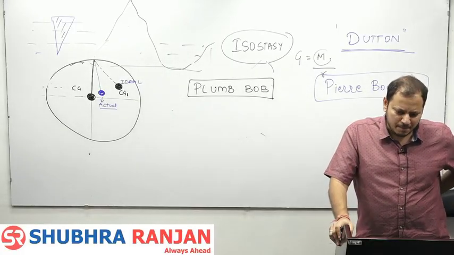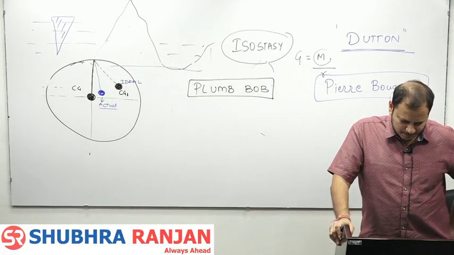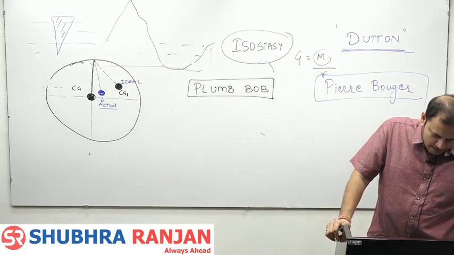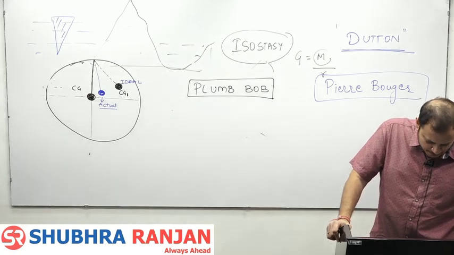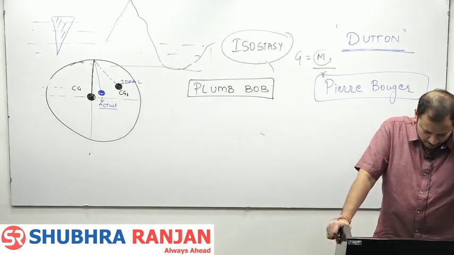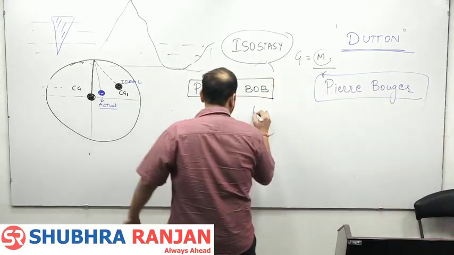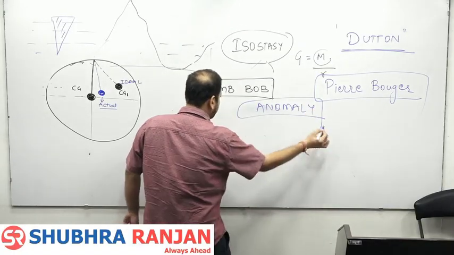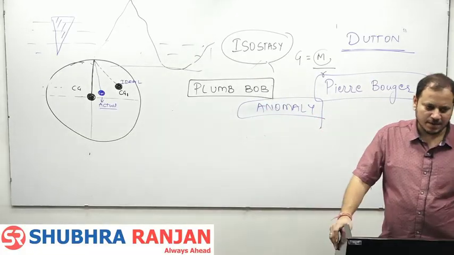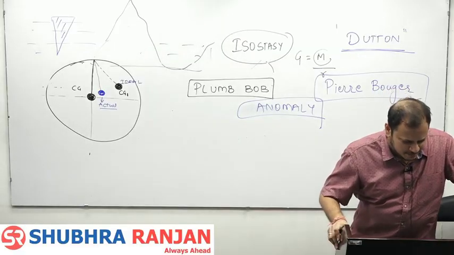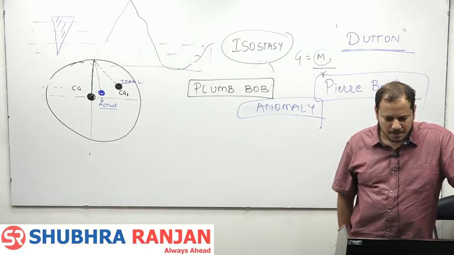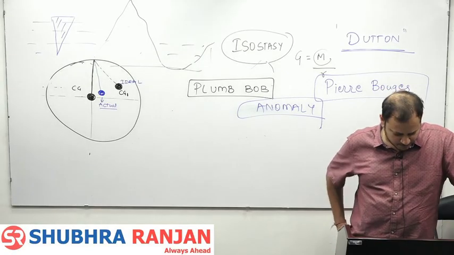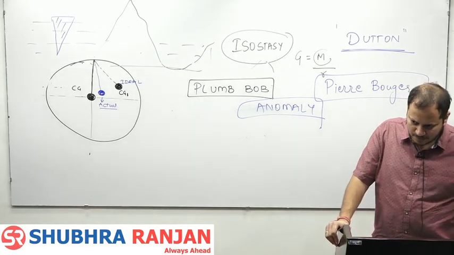Pierre Bouguer found anomaly, मतलब mismatch, anomaly or discrepancy, you can write, or discrepancy in the deflection of plumb bob between the calculated value and actual observations.